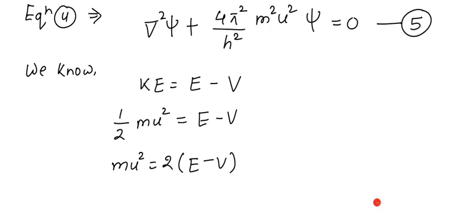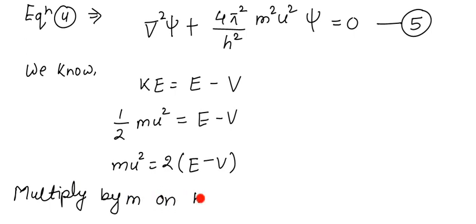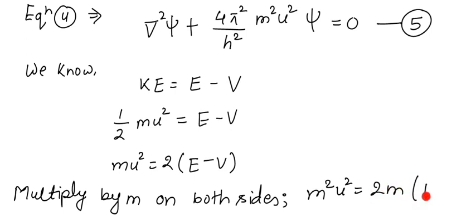So what you need to do is multiply by m on both sides. Then the left hand side becomes m square u square, and the right hand side becomes 2m times E minus V. Now just put this value into equation number 5 in the place of m square u square.